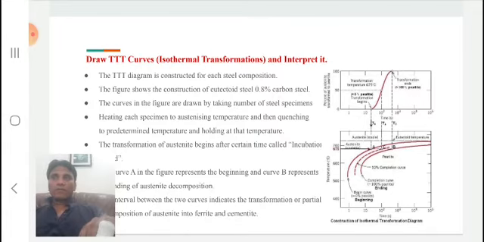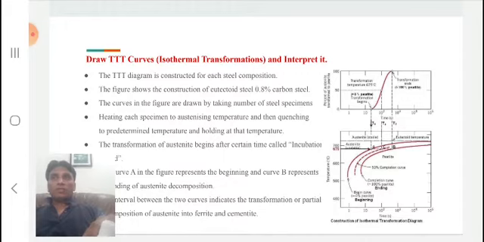So first, the TTT diagram is constructed for each steel composition. The figure shows the construction for eutectoid steel of 0.8% carbon. The curves in the figure are drawn by taking a number of steel specimens.